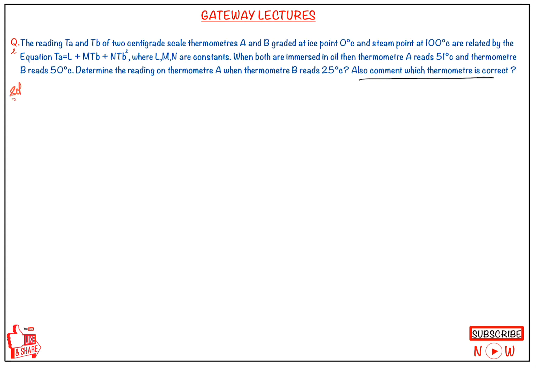Going to the solution, first of all we'll write the given equation. According to the given equation, TA is equal to L plus M TB plus N TB square, right? And we need to know the values of L, M and N. Here we have three constants, so we need three useful equations. The first condition is that both the ice points are the same.